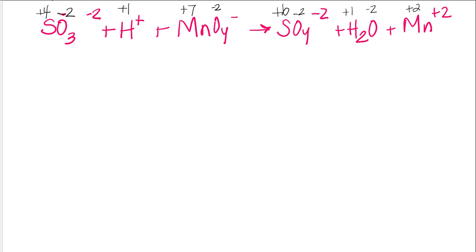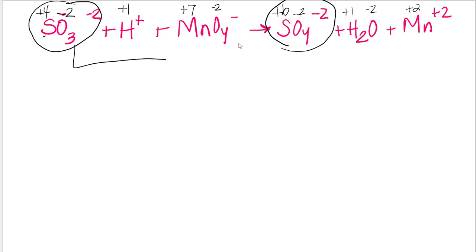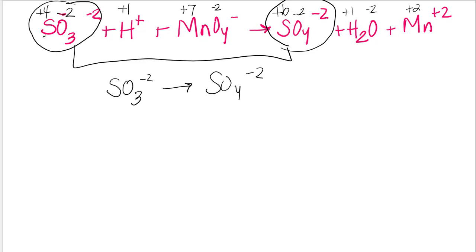All right, so let's look at our matches here, looking for our 2 halves. One's being oxidized, one's being reduced. You can see that my sulfur is going from a +4 to a +6. So this is going to be 1 half going from SO3 2- to SO4 2-.